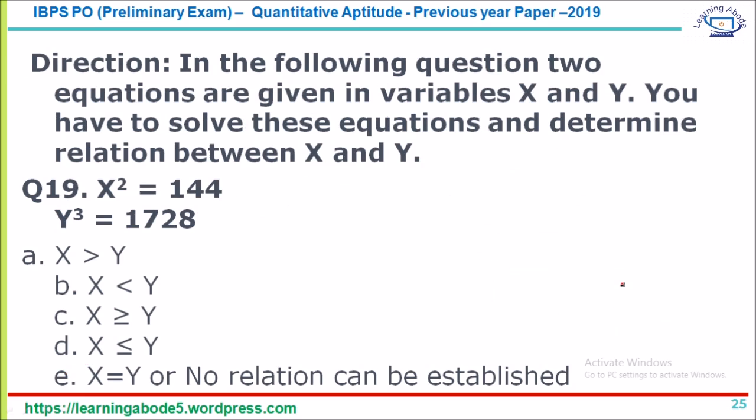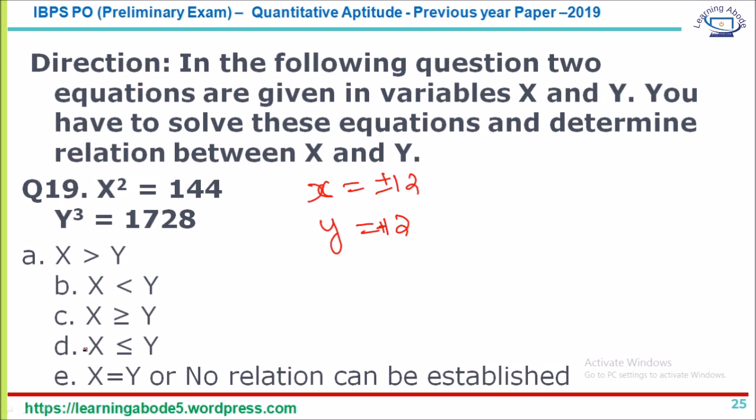The following question. Now here in the first case you get x equal to plus or minus 12, we know that, right? If x square equal to 144, we get x equal to plus or minus 12. Now y cube equal to 1728, which is 12 cube, so we know for sure y is positive 12.